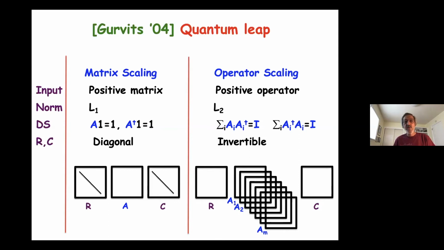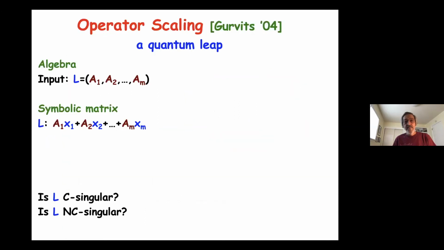Okay, so what was Gurvits's insight? He wanted to solve the singularity problem, the Edmonds problem. That was his interest. On the left, you see the problem. You remember that a tuple of matrices defines a symbolic matrix, and we ask whether it's singular. What I said we'll solve is non-commutative singularity.